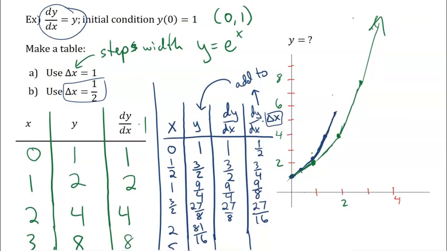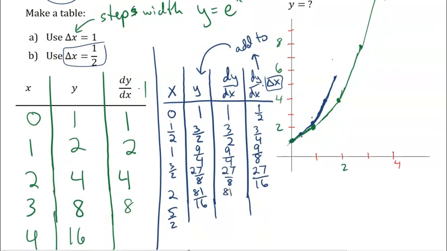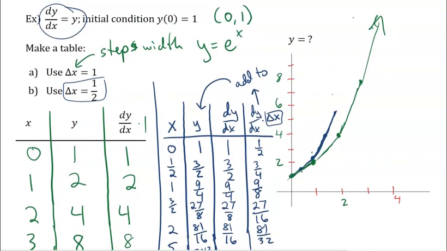Again, not quite drawn to scale. We can do one more. So 81 over 16 times 1/2 is 81 over 32. So again, the next power of 3 is 243 over 32. Okay, we get the hint. Let's see, 24 divided by 3 is 8, so it's a little bit less than 8.